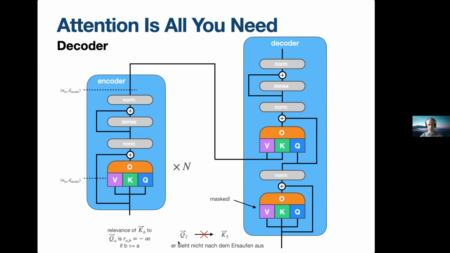So you have to make sure that Q2 doesn't see any keys at position 2 or after. If we're looking at position 5, then Q5 could see positions 1 through 4, but it couldn't see position 5. This can be done just by setting the relevance score to a very negative number whenever the key comes at the same position or after the query. Okay, so that's difference number 1.